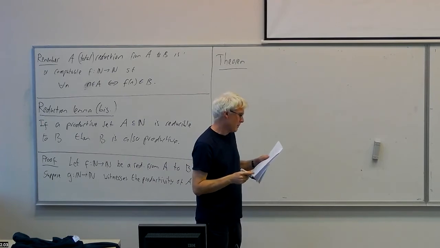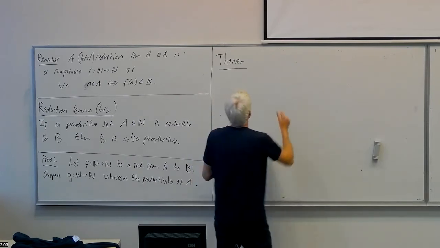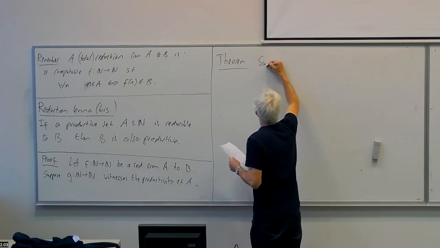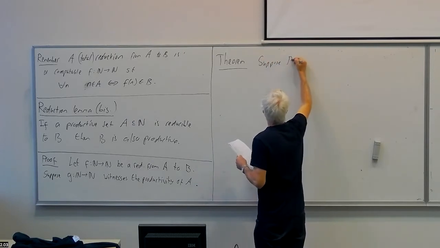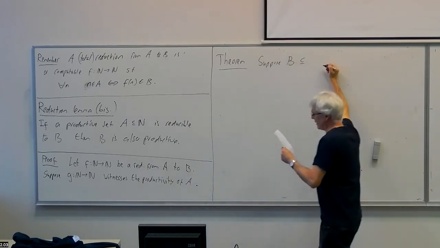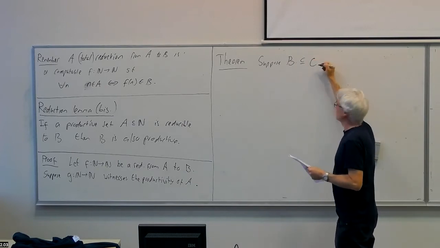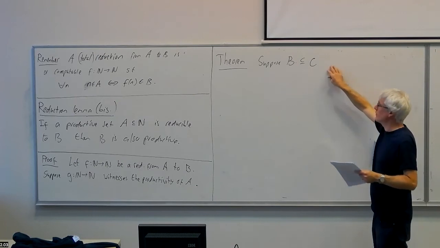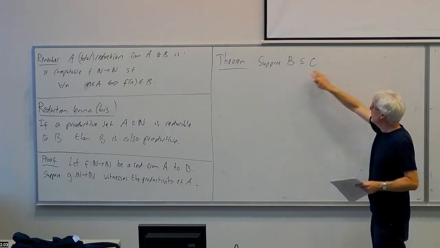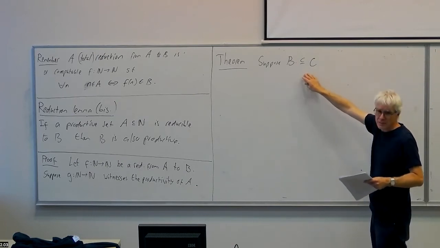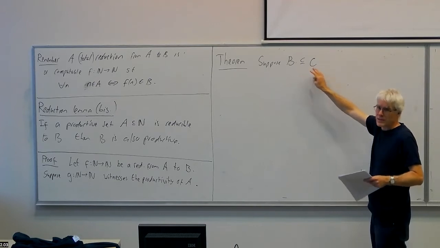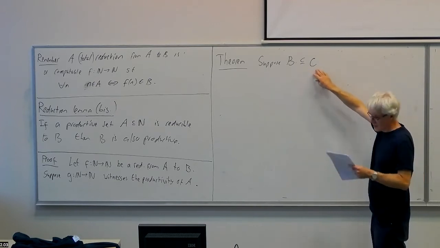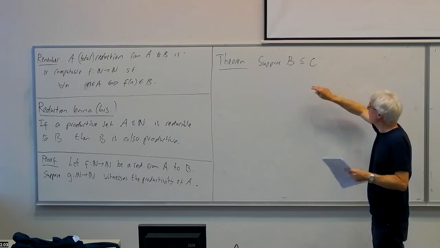So remember, last week we had Rice's theorem, which said that suppose B is any set of unary computable partial functions. Then B is always undecidable, except in the case that B is empty or the set of all computable functions.